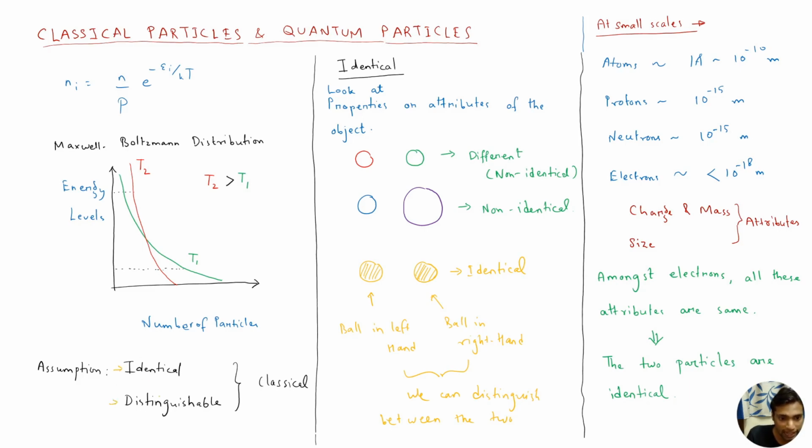Had these been indistinguishable particles, we would have got some other distribution. Now from the other distribution, can we get the properties of the free electrons? If yes, then the electrons are indistinguishable. If no, then they are distinguishable. So this is the approach.